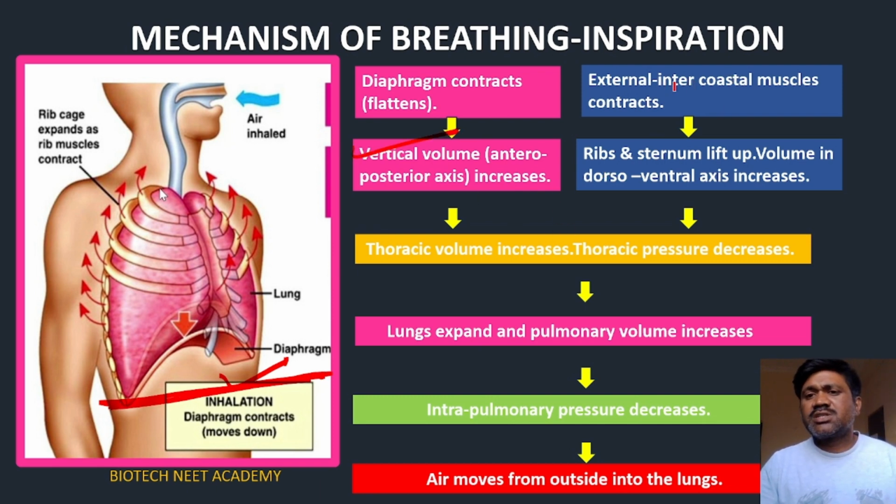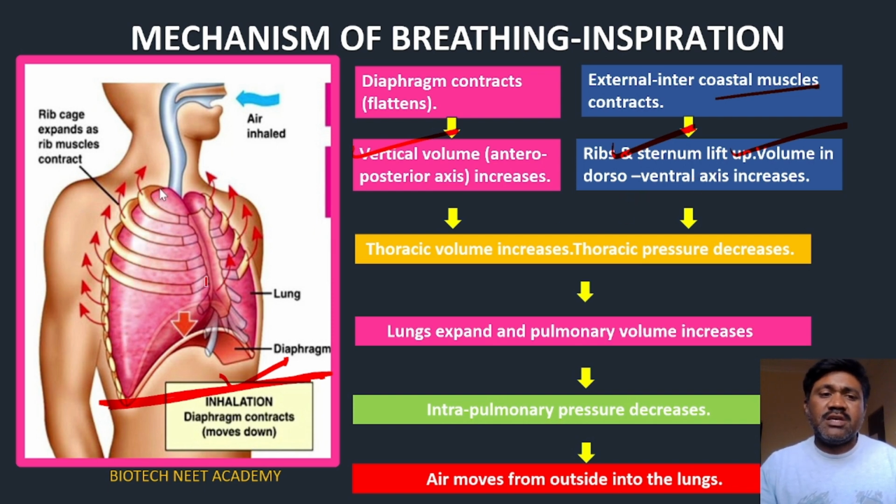Next, the external intercostal muscles contract at the same time. The muscles present between the ribs on the outside are called external intercostal muscles. They start contracting. Because of the external intercostal muscle contraction, the ribs and sternum are both lifted up.